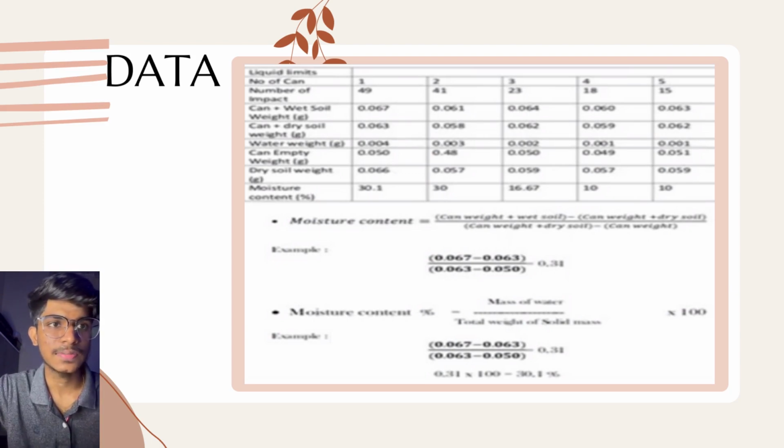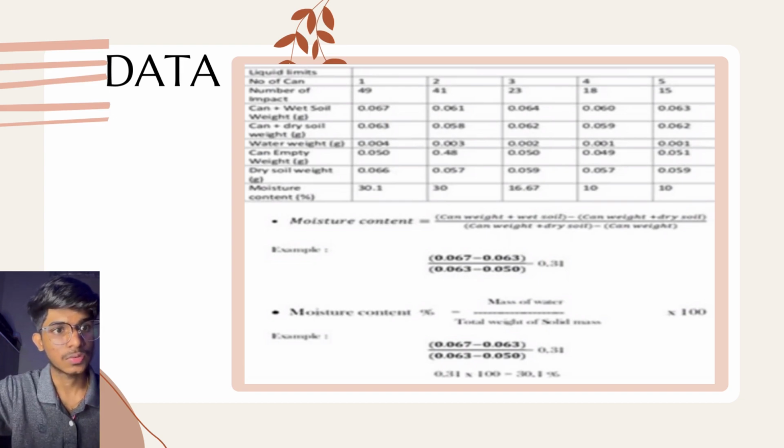Firstly, we should calculate the liquid limit: the number of cans, the number of impacts, the can added with wet soil weight, the can added with dry soil weight, the water weight, the empty can weight, the dry soil weight, and also the moisture content.